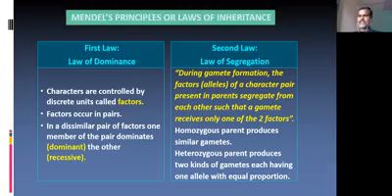And the second law is law of segregation. During gamete formation, the factors, or alleles, of a character pair present in parents segregate from each other such that a gamete receives only one of the two factors.